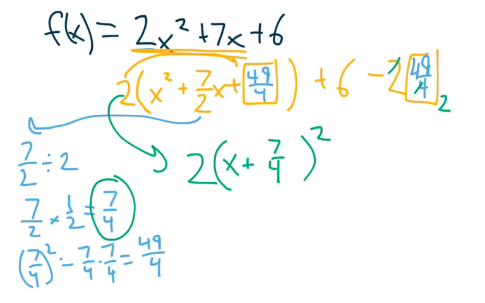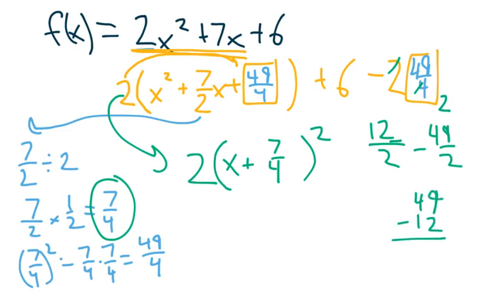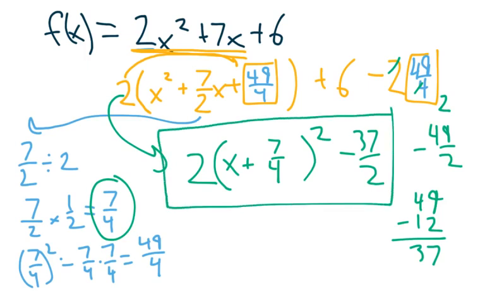This would be 12 over 2 minus 49 over 2. 49 minus 12 is going to give me 37. So it's going to be minus 37 over 2. It's not pretty, but we've done it.